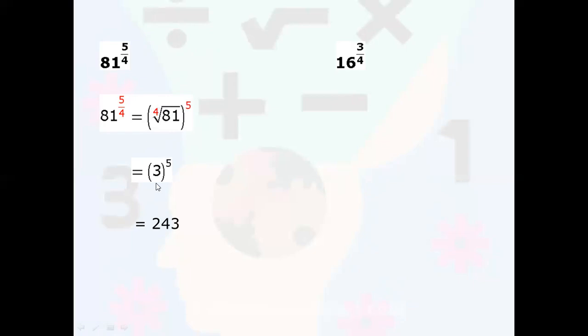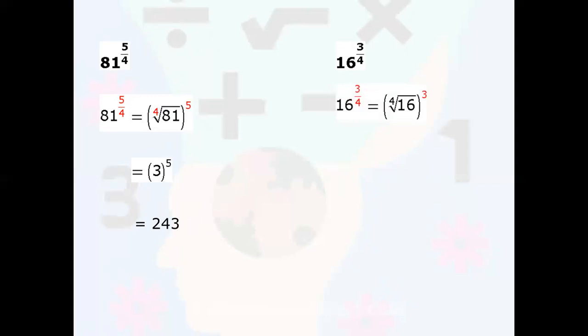Now after finding that out, you just multiply it with the exponent. Do not do 3 multiplied by 5. That's the biggest mistake students make. Always remember, exponent means you have to keep multiplying the same base number 5 times. So you will get 243. Okay, let's move on to another question.